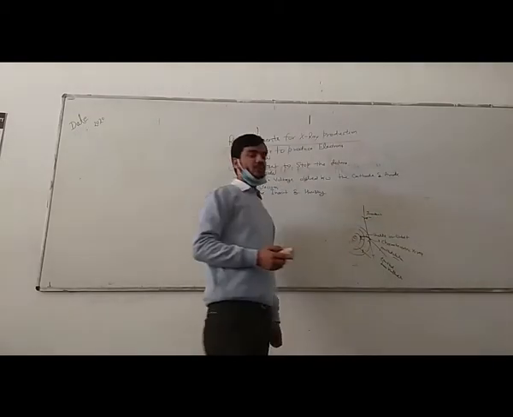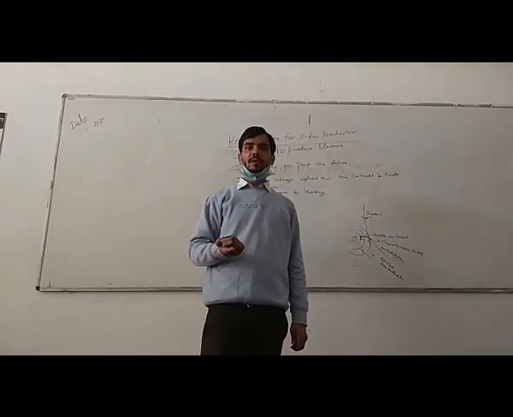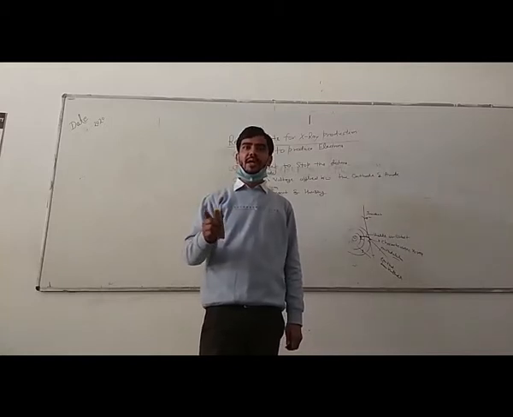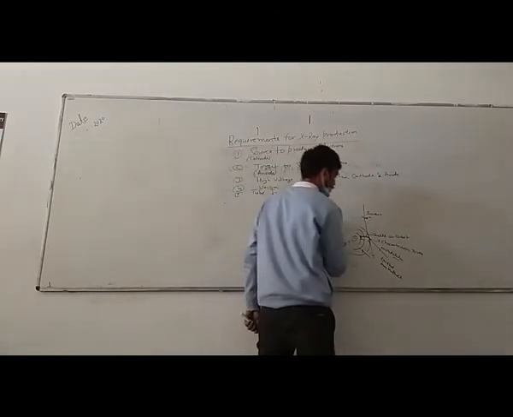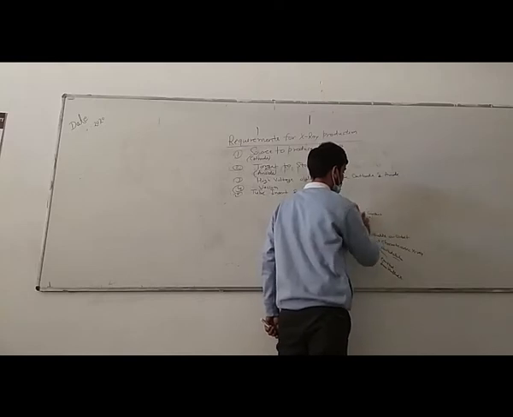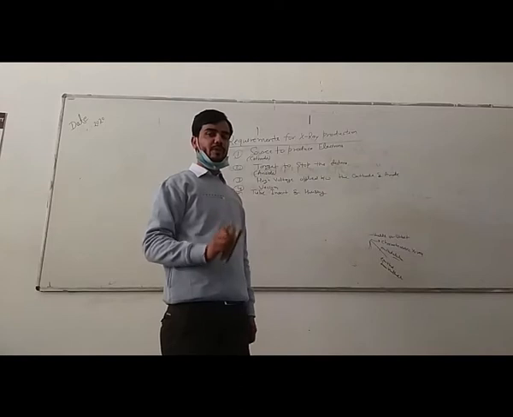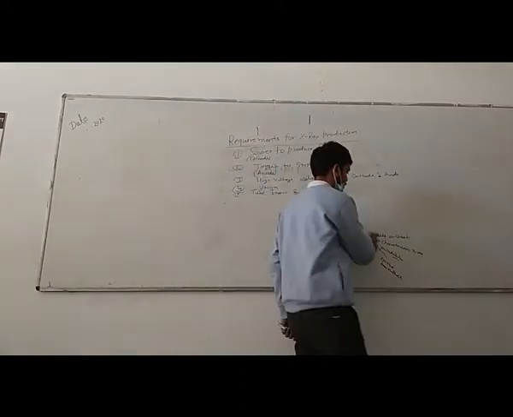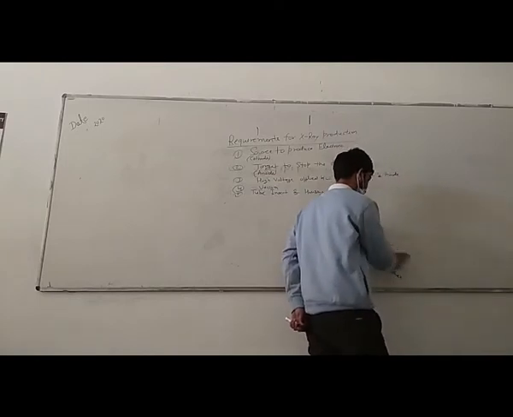In the X-ray tube, electrons are produced by thermionic emission and gas ionization. In the gas tube, the electrons are produced through gas ionization, and in the Coolidge tube, electrons are produced through thermionic emission.